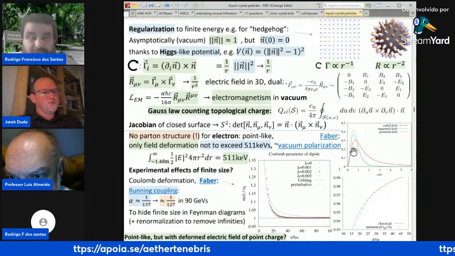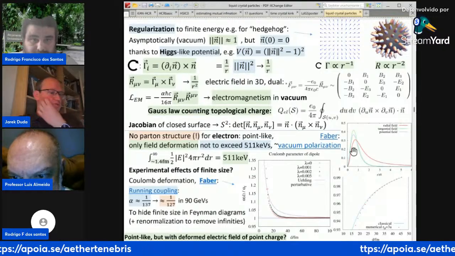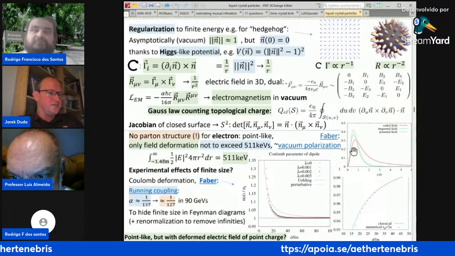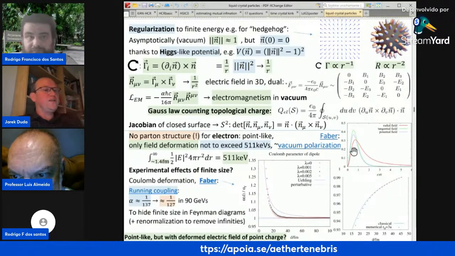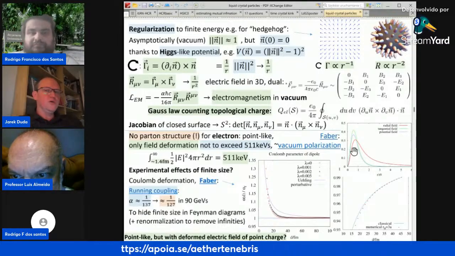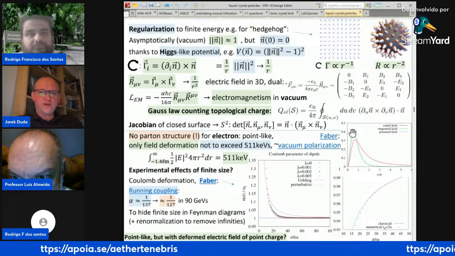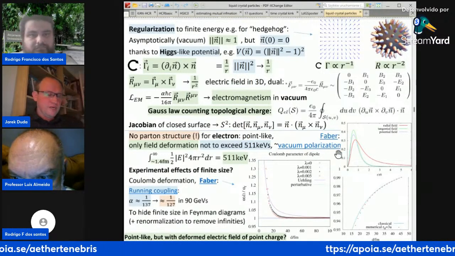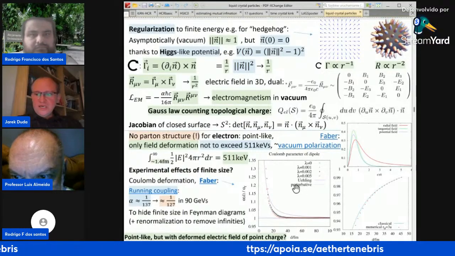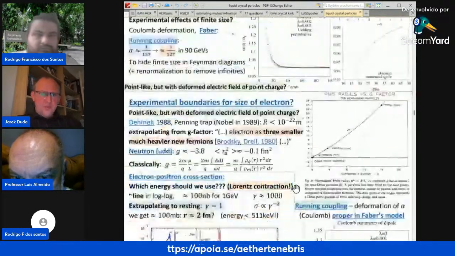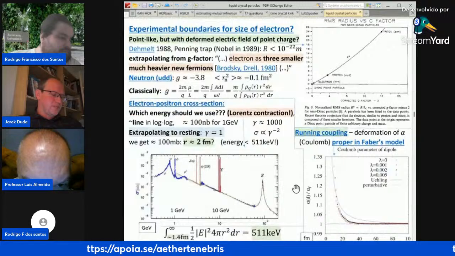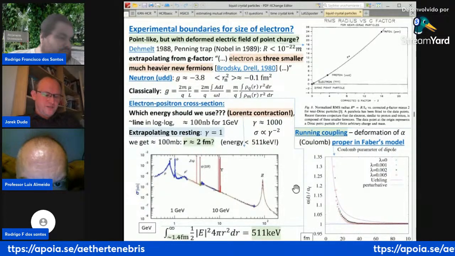After second quantization, it's called a renormalization procedure, which subtracts this infinity by hand. So if you ask where it subtracts this infinite energy, we should get this kind of deformation of the electric field of the electron.